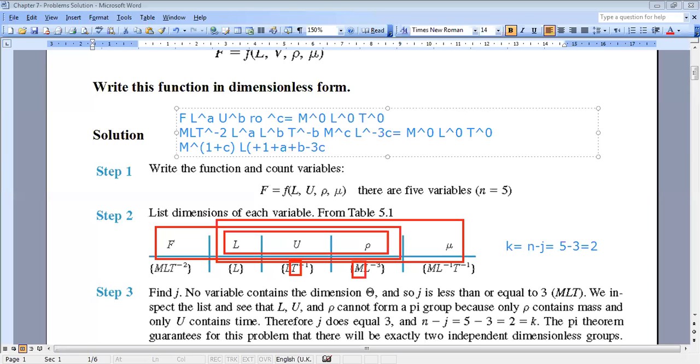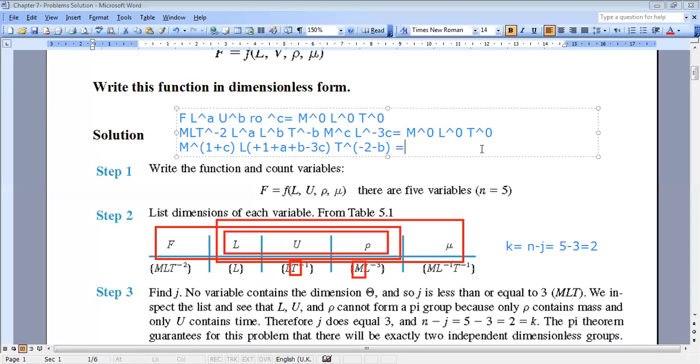So this is the coefficient of l. And finally, for t, what is the coefficient? From the first one, it's minus 2. Then I have t to the power minus b, so minus b, and that's it. For t, I have these two only. This should be equal from the other side to m0, l0, t0.